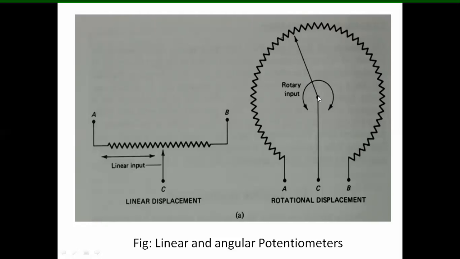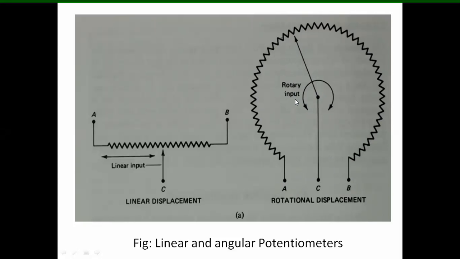When the pointer moves over this resistor wire, we apply the voltage across A and B, and we can measure the output voltage between B and C. And this pointer will be connected to the rotary input.